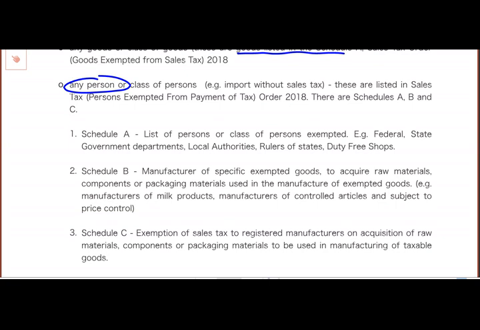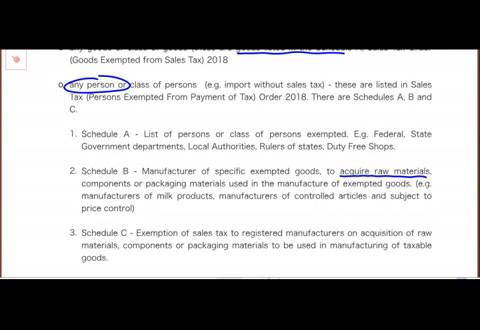Now, Schedule B is when you are a manufacturer of specific exempted goods. Then you can buy raw material that will be free of sales tax.